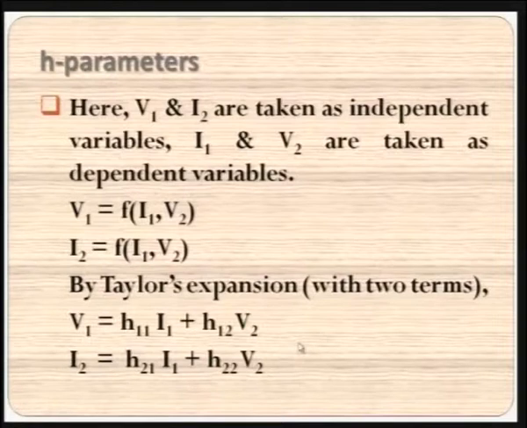The H parameter is the hybrid parameter which relates a characteristic feature from the input side and a characteristic feature from the output side, and even the current and voltage were mixed in the formulation. That is why the H parameter is a very famous and important parameter.